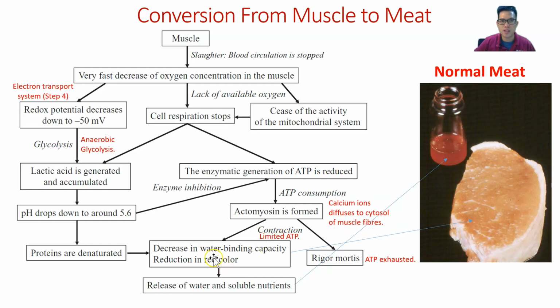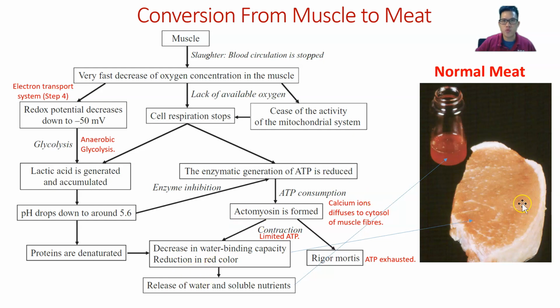The water binding capacity will be reduced. Proteins bind to water, but once denatured, they will squeeze out the water. With the squeezing out of the water from inside the cell, the myoglobin within the muscle cell will also be reduced.